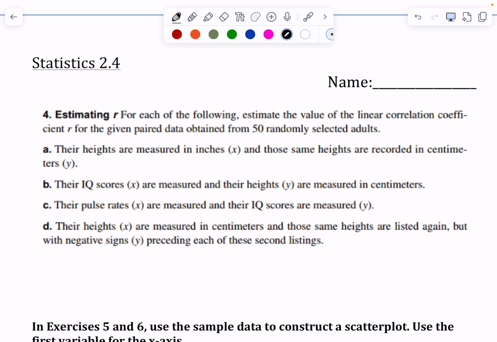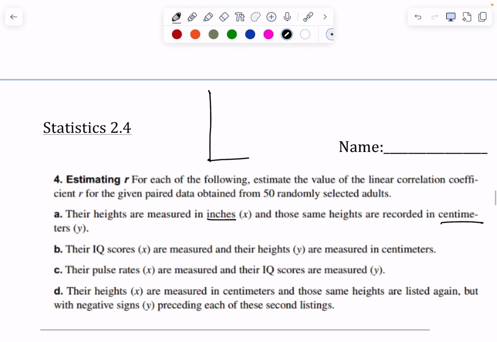for this case. The heights are measured in inches, and those same heights are recorded in centimeters. So over here, I have my height in inches, and I have my height in centimeters. Let's do Kellen over here. His height in inches versus his height in centimeters is going to be that dot right there.